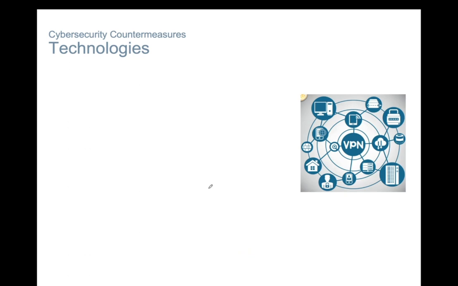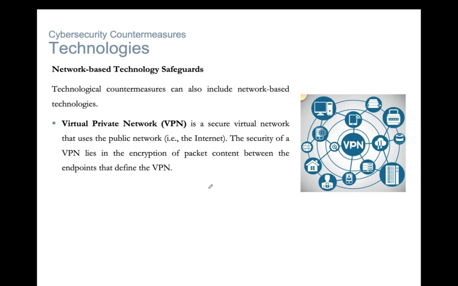Another cybersecurity countermeasure in the technologies category is network-based technology safeguards. So there are software-based, hardware-based, and network-based technology safeguards. One network-based technology is the virtual private network, a secure virtual network that uses the public network, the internet.